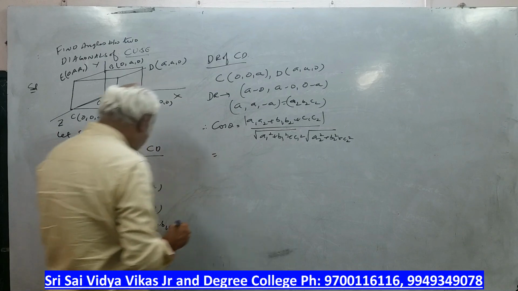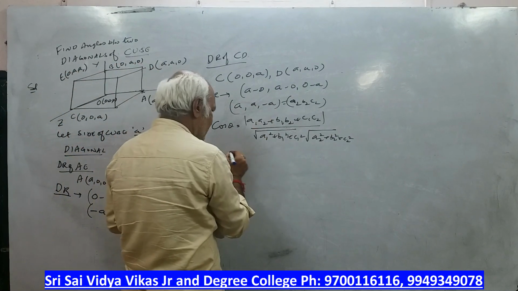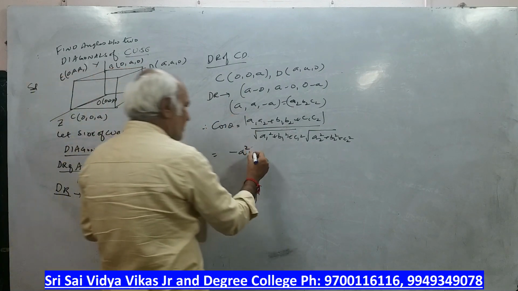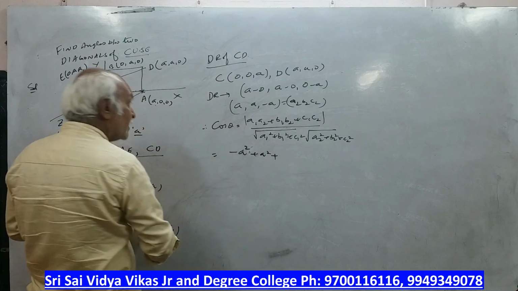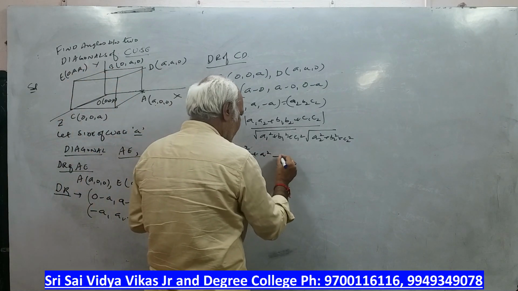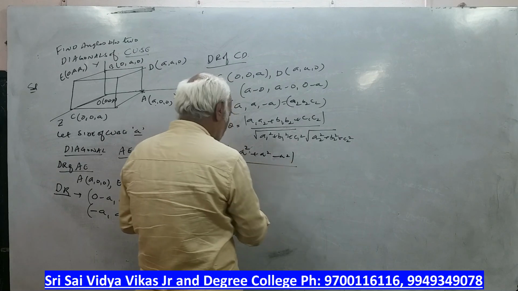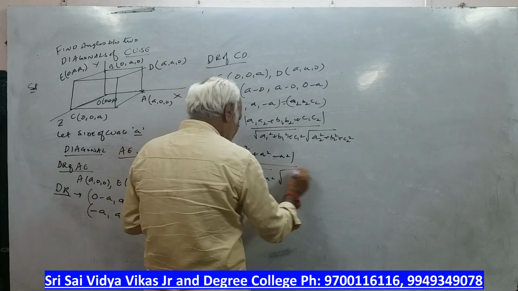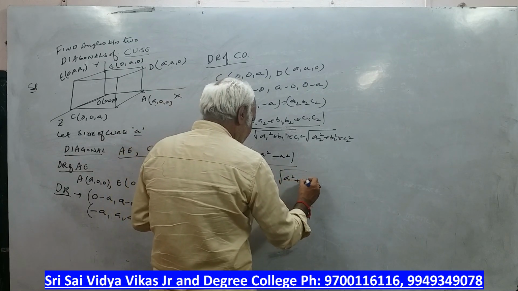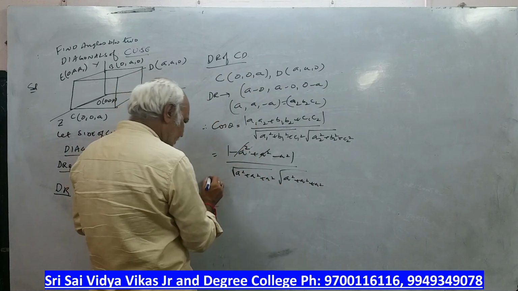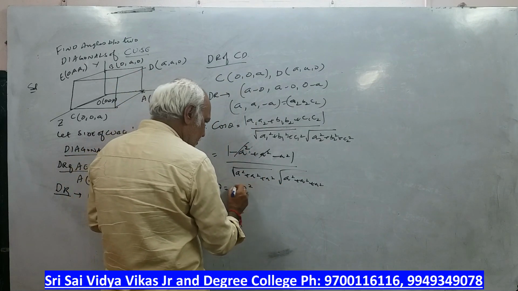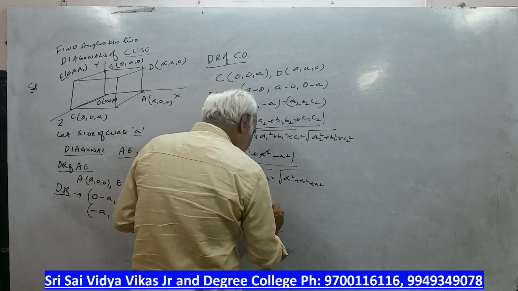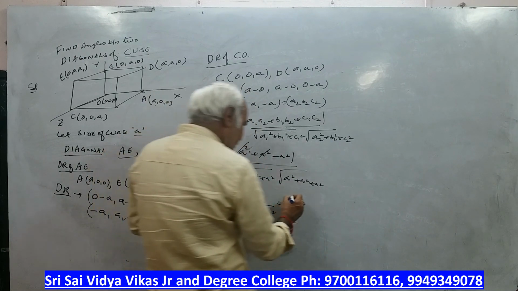So: minus A into A, then A into A, next A into minus A, all squared, over root of A square plus A square plus A square, next root of A square plus A square plus A square. A square will get cancelled. Modulus is there, that will become plus only.